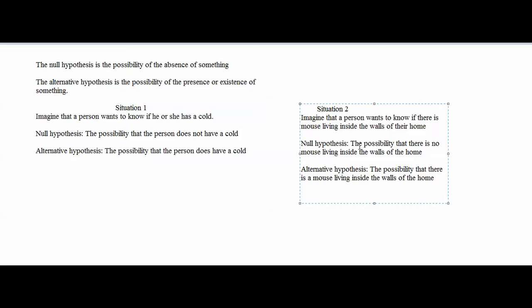So the null hypothesis says no mouse. The alternative hypothesis says there is a mouse, because the null hypothesis is the possibility of the absence of something, and the alternative hypothesis is a possibility of the presence or the existence of something.